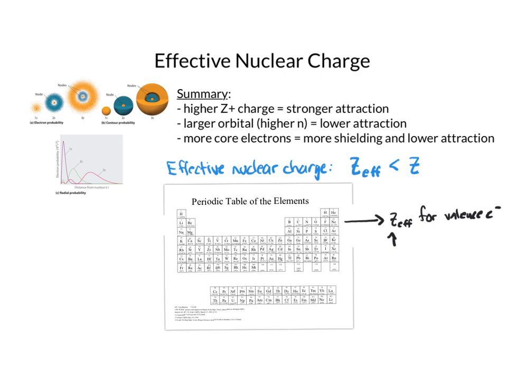Now, if we think about what happens as we go down a column, clearly the total charge on the nucleus is increasing. We're going from lithium with 3, sodium with 11, potassium with 19, rubidium with 37, cesium with 55, to francium with 87.